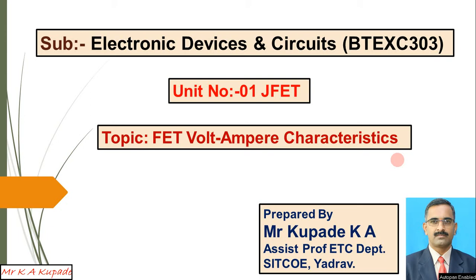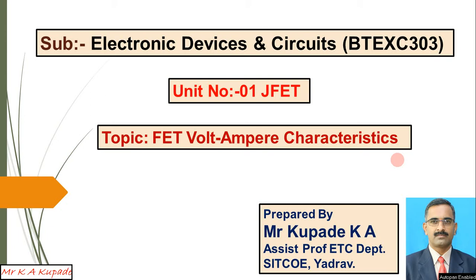We already started unit number 1, JFET, and in previous lectures we discussed many things, starting from construction and operation, then types, then the static characteristics and pinch off voltage.